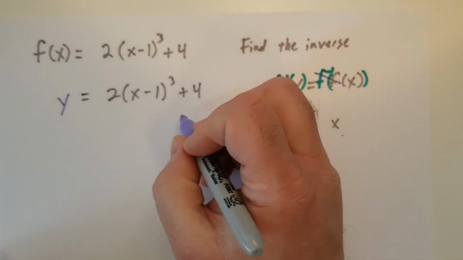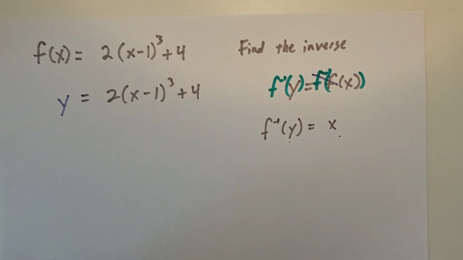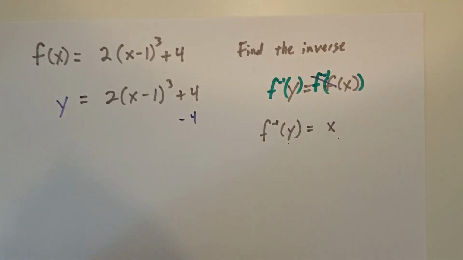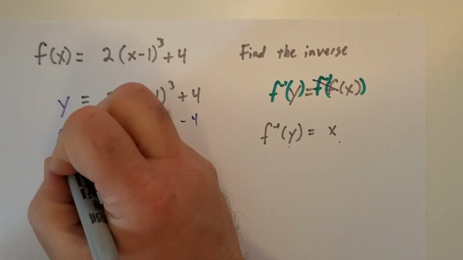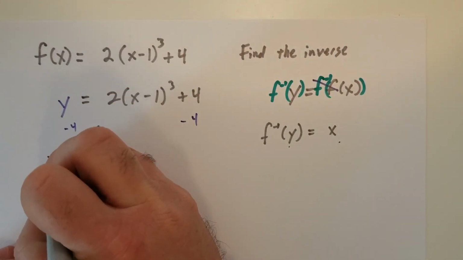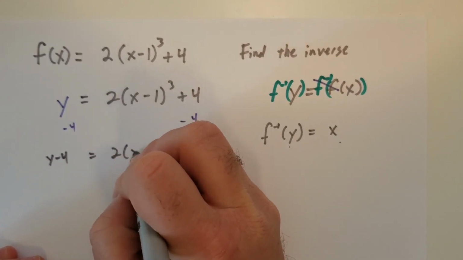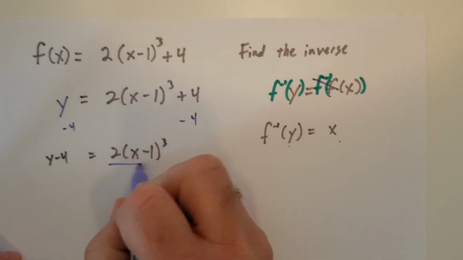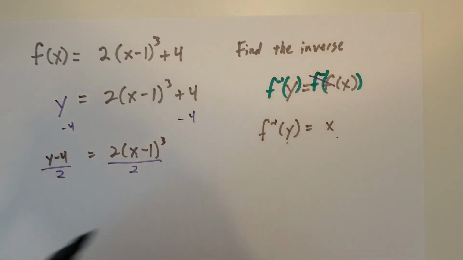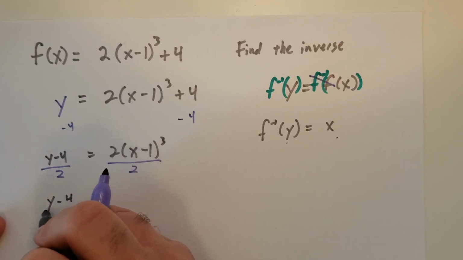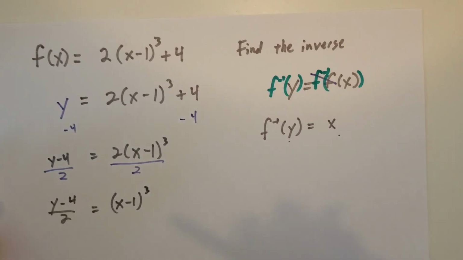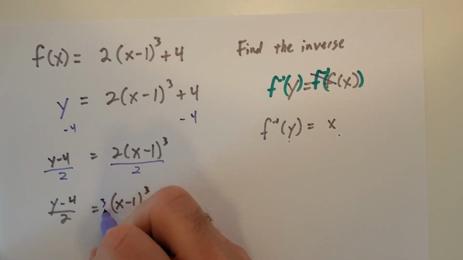So we're going to solve this just by reversing the order of operations. We're looking for the weakest operation to undo. So we're going to subtract 4 first, then multiplication and division. Then exponents or roots.